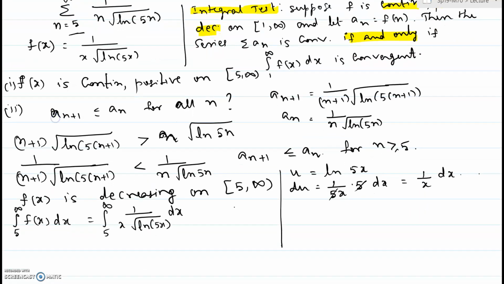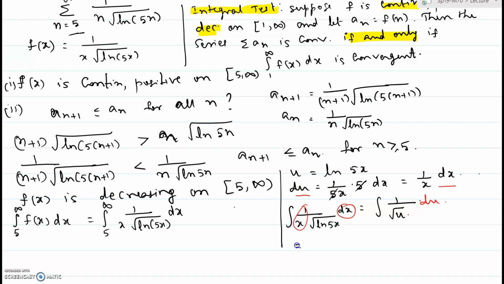So the integral of 1 over x times square root of ln of 5x dx can be written as the integral of 1 over square root of u, where this 1 over x dx can be replaced by du.